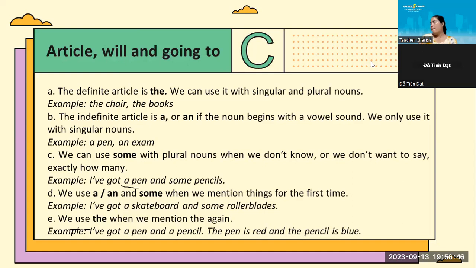We only use it with singular nouns. Then, use some with plural nouns when we don't know or we don't want to say exactly how many. I've got a pen and some pencils. We use a, an, and some when mentioning for the first time. We use the when we mention them again.